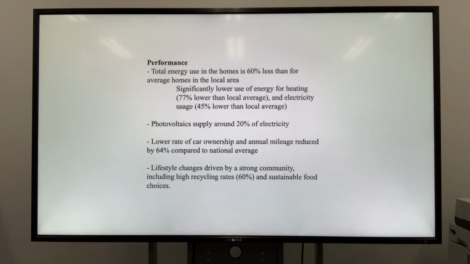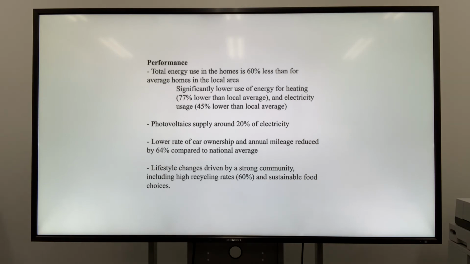To summarize in terms of the performance, in this area, BedZED, the total energy used in the home has been 60% less than the average homes in the local area. This is significantly lower use of energy for heating, 77% lower than the local average, and electricity usage, which is 45% lower than the local average.